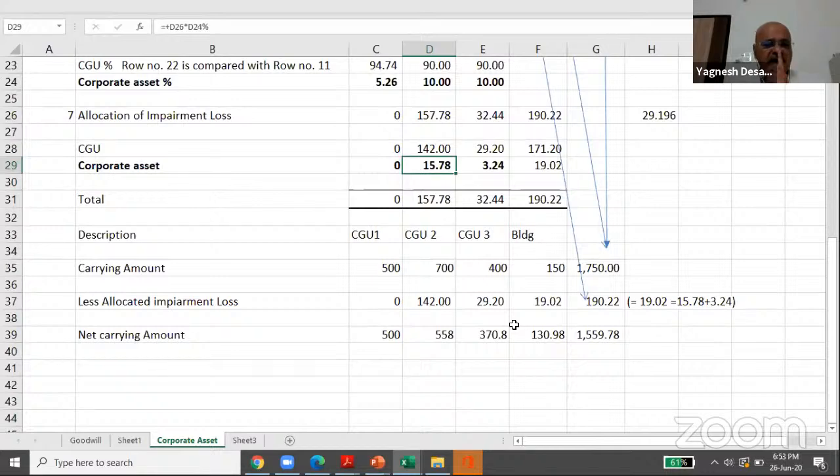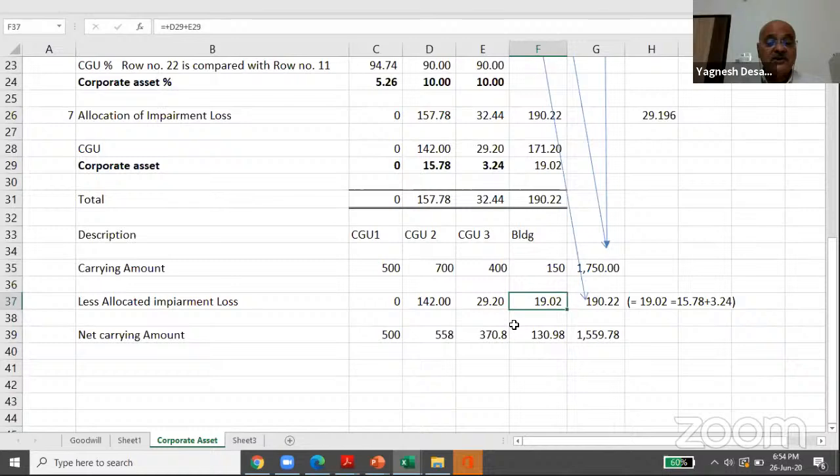The impairment loss of the corporate asset across CGU 1, CGU 2 and 3 is a total of 19.02. So I should reduce 19.02 from 150. Yes sir, now it's sinking in. 150 is my carrying value, and 19.02 is my loss attributable to the corporate asset in CGU.